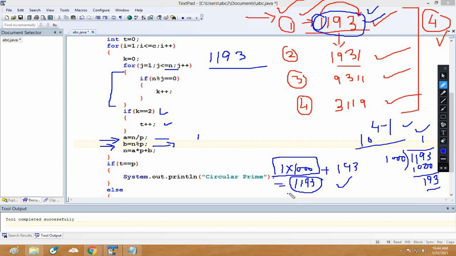So that is coming 1000 from here, plus the actual number. So next time if you find out, you will get 1 again.